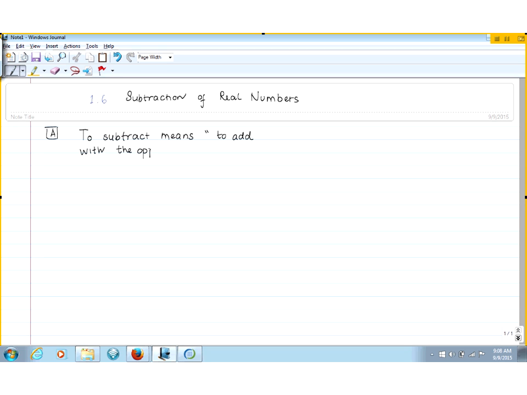So, for example, A minus B is equal to A plus the opposite of B, which is negative B. So it's like you're adding with the opposite.